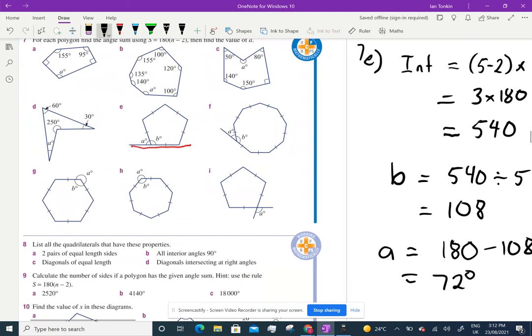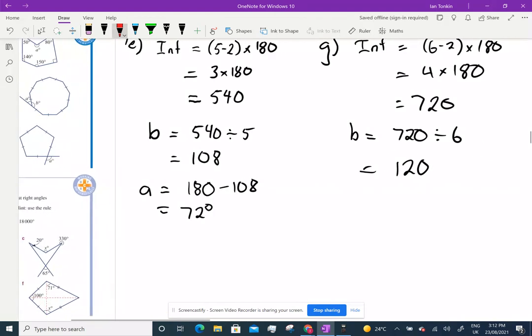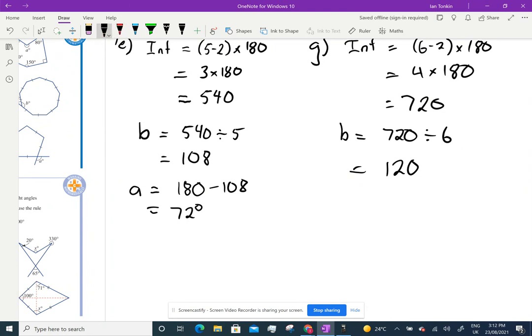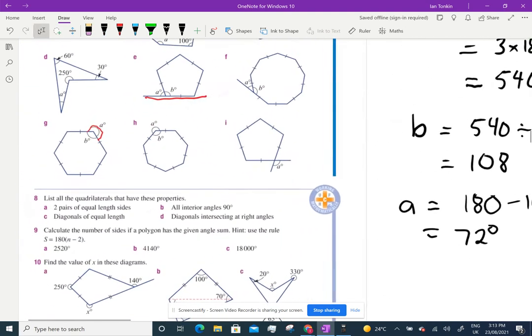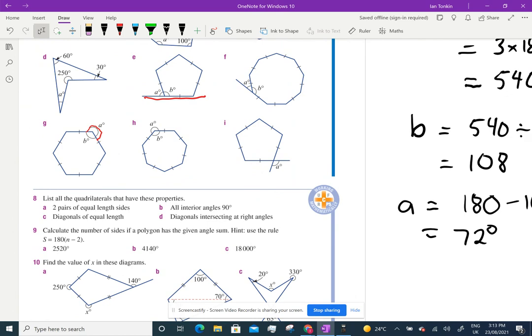Now this time, this angle here does not add up to 180. It's all the way around. They'd need to add up to 360. So A equals 360 minus 120 equals 240 degrees. Now I've done E and G. I was going to do H, but I reckon you can do H on your own and have a crack at I.